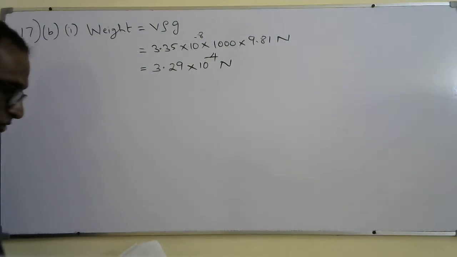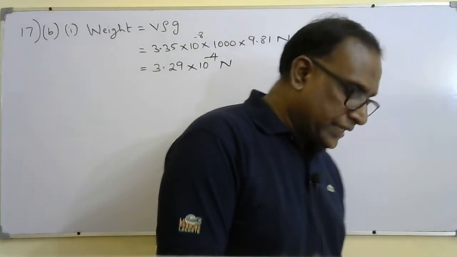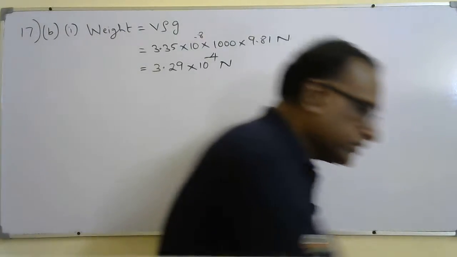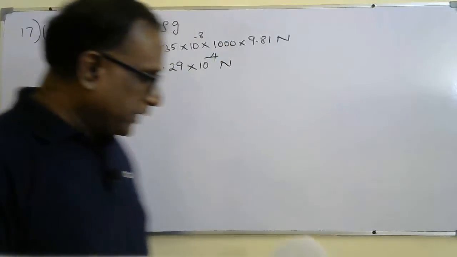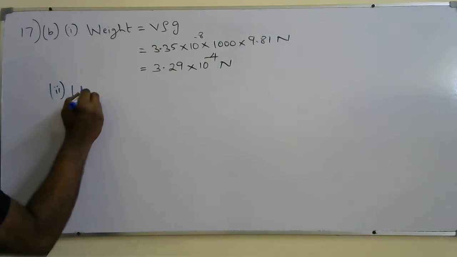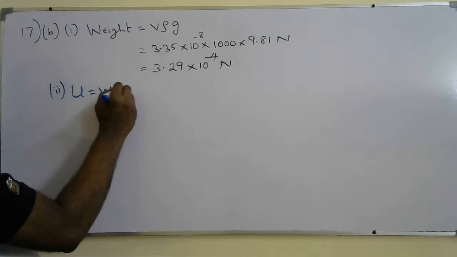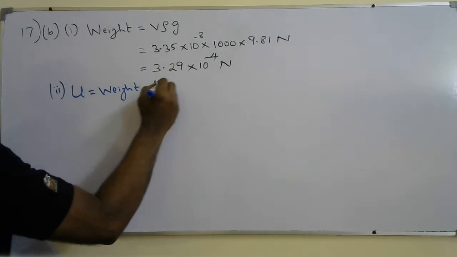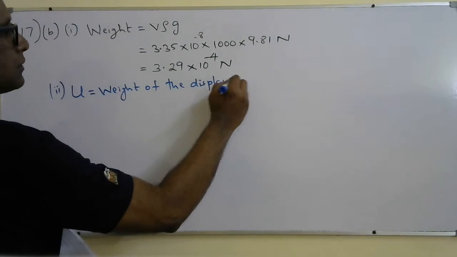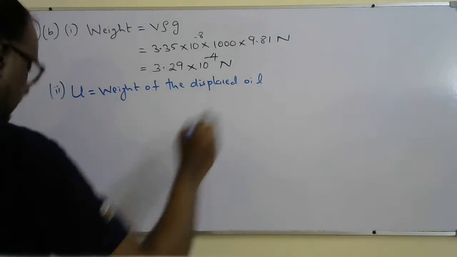B part, second part. Show that the upthrust on the water droplet when it is completely submerged in oil is about this much. Density of the oil is given. So we know the upthrust equals the weight of the displaced oil.